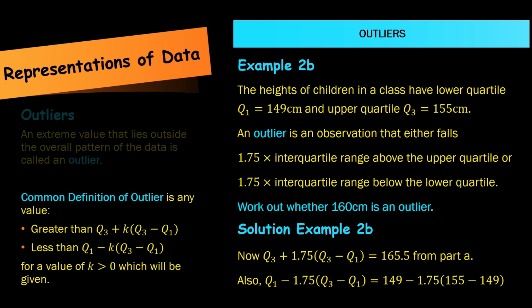So inputting all the values as shown, here we've got Q1, which is 149 centimeters. Here we have k, which is 1.75. And here we have Q3, which is 155 centimeters. And tidying up and inputting in our calculator will give us that this critical value is equal to 138.5.